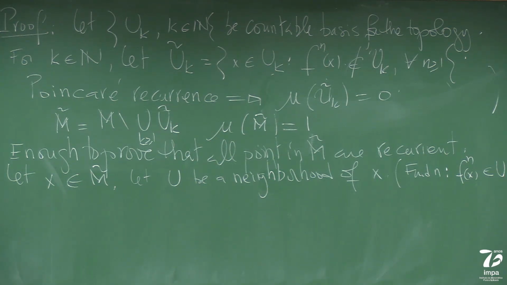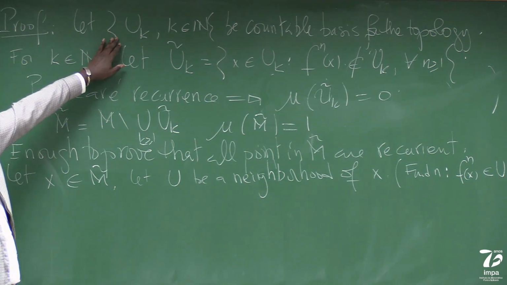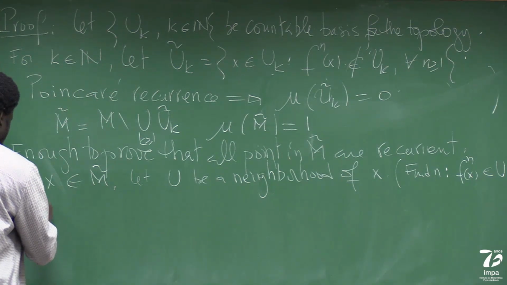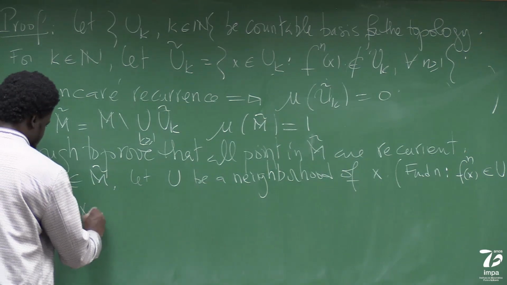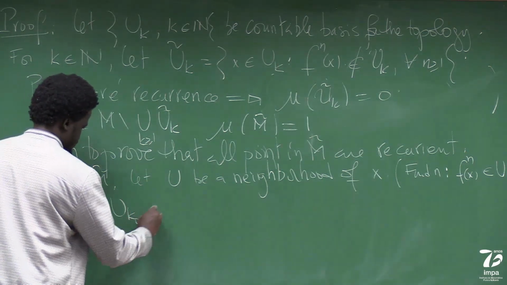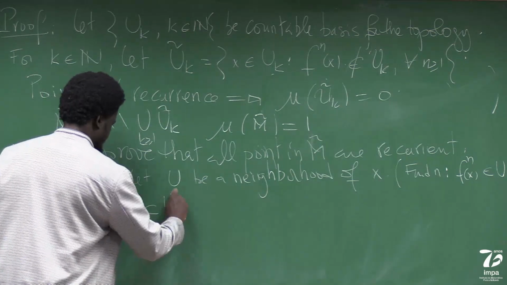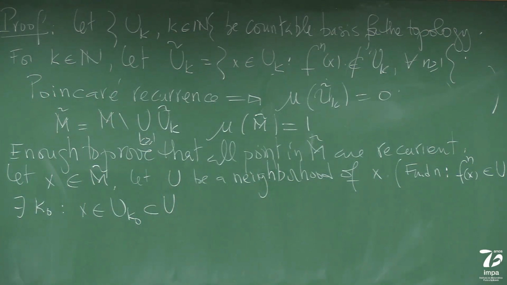Now since this is a countable basis, there exists k naught, an open set, such that x is in U_k naught, which is a subset of U, by definition of a basis.